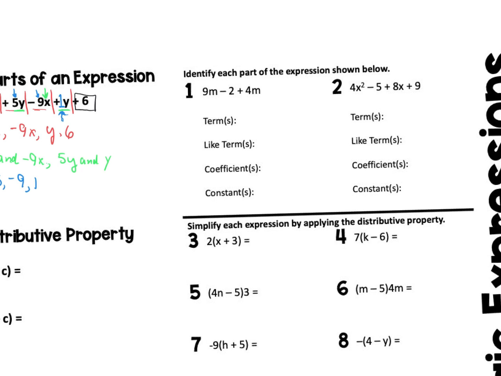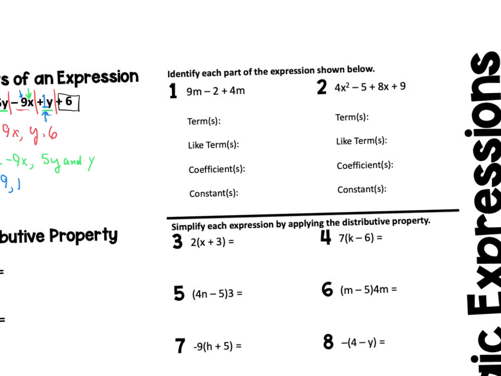So now if we come over here, look at number 1. It's asking for the terms. So again, we separate the terms, and it's asking for all of the terms. So it would be 9m, negative 2, and 4m. Then we're going to look at the like terms.